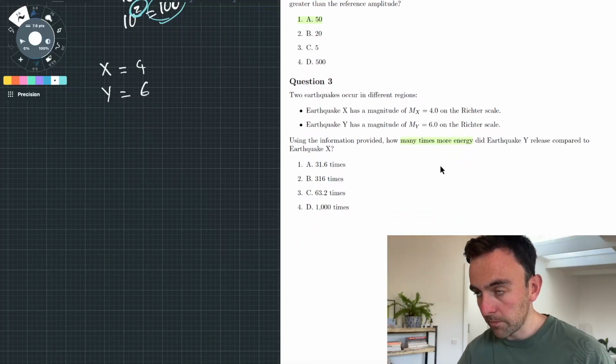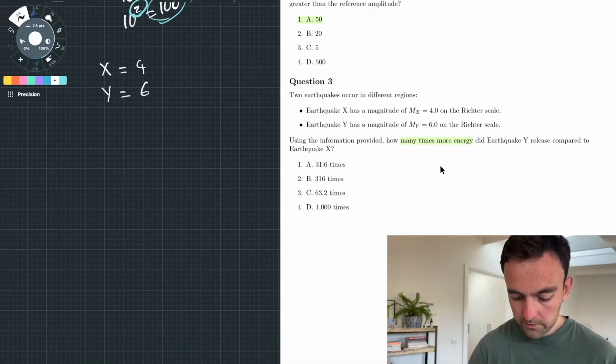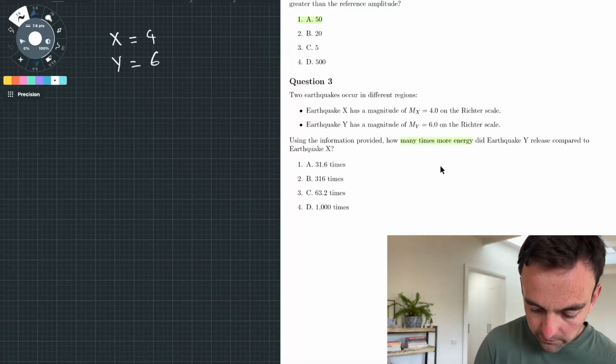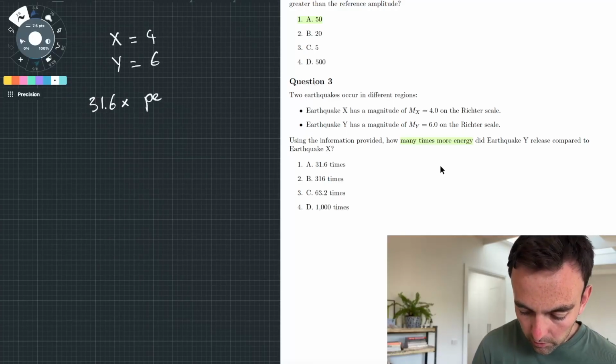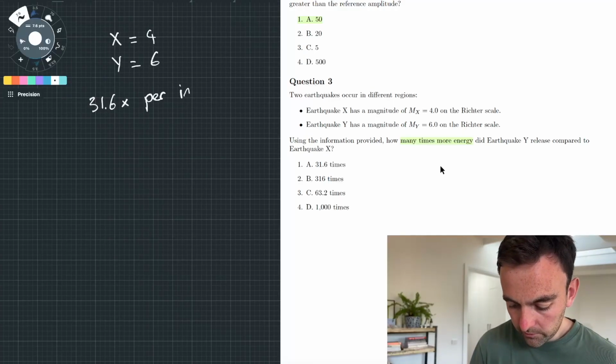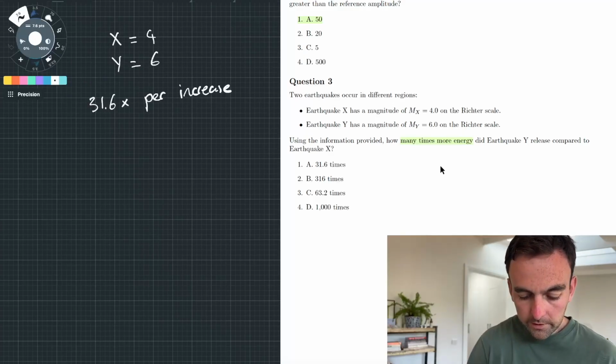So that means we get, so this is a little bit confusing. It's 31.6 times per increase. Now we have increased plus 2.